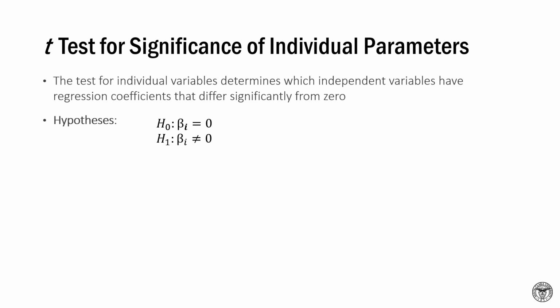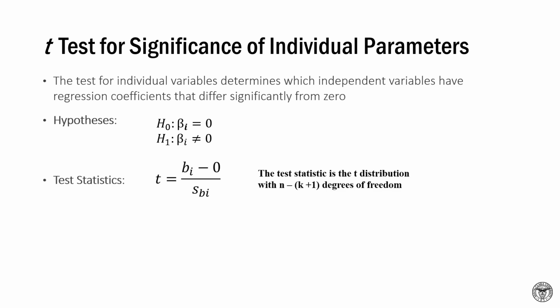The null hypothesis for each test is that the coefficient for that variable is equal to 0, which implies that the variable does not have a significant effect on the dependent variable. The alternative hypothesis is that the coefficient is not equal to 0, which implies that the variable has a significant effect on the dependent variable.